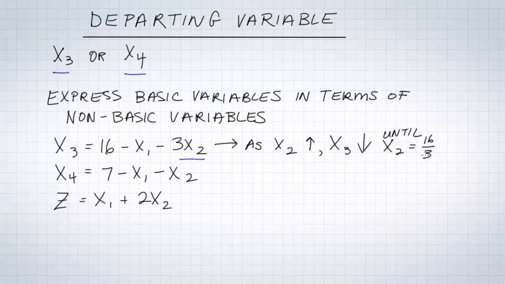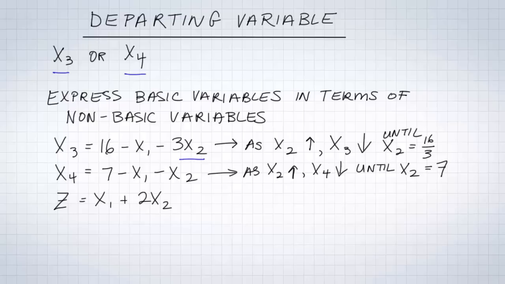That's from that constraint. From this constraint, as x2 goes up, x4 comes down until x2 is equal to 7. So according to this constraint, x2 can go as high as 7. But according to the first constraint, it can only go up to 16/3, just a little bit over 5. So therefore, x2 cannot go higher than 16/3.